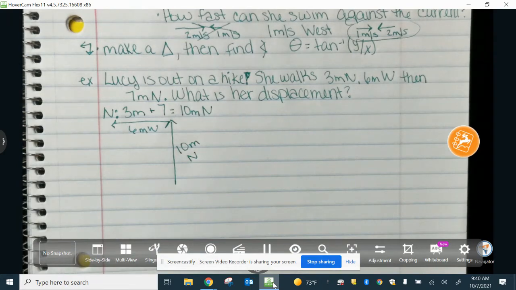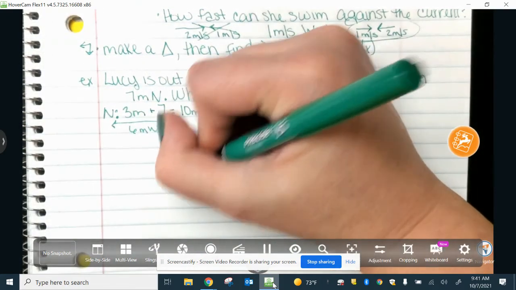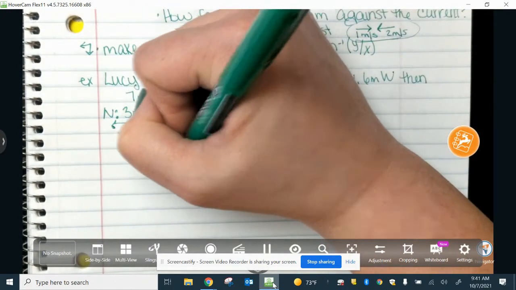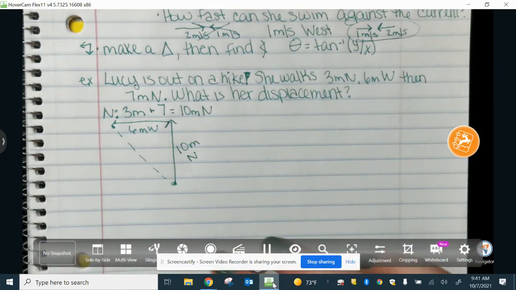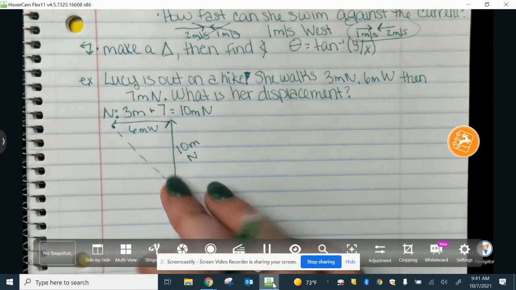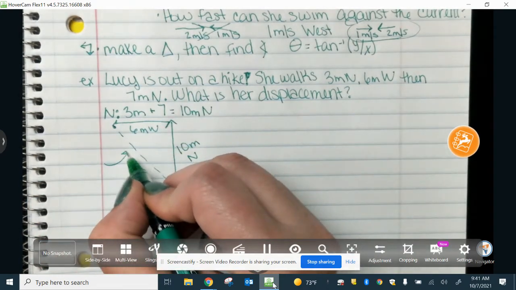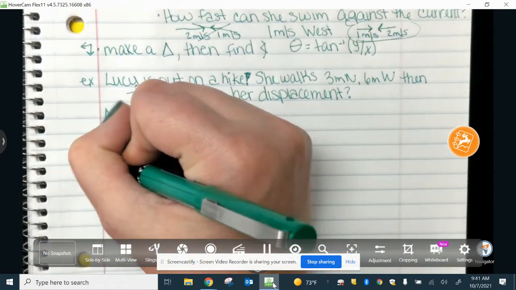So remember, with displacement, what really matters is stop to start. So we'd want to find that hypotenuse. Another word for this would be the resultant.